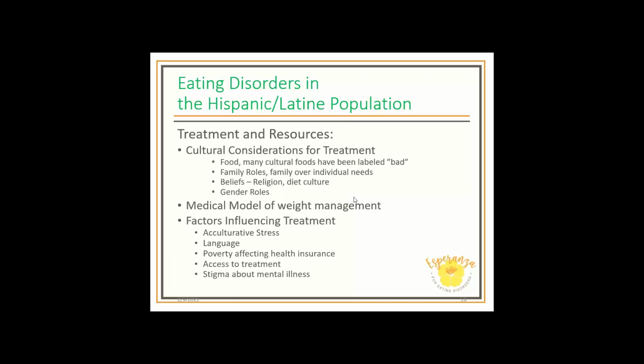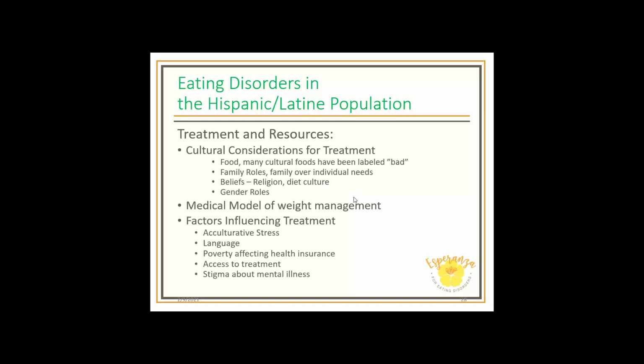And the entire family can encourage them to look a certain way so that they are more successful in their work. So the medical model of weight management is often what we see when someone is of a larger body type. Oh, let's have a medical weight loss.